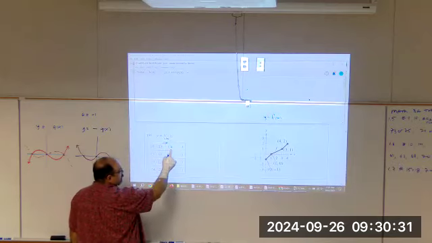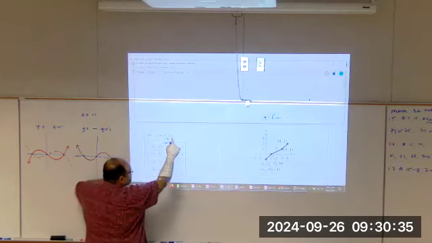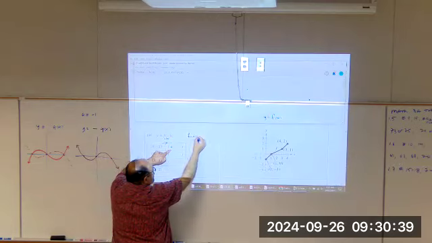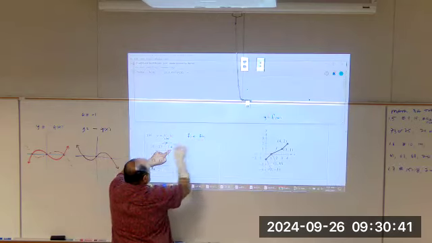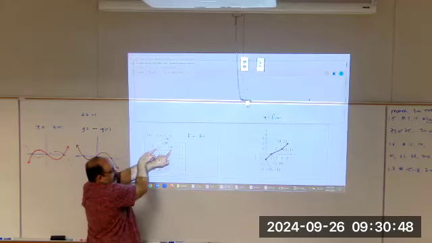I'm going to plug 0 into here. Let's see what we get. f of -0 is just f of 0. And when we plug in 0, what do we get? -1.